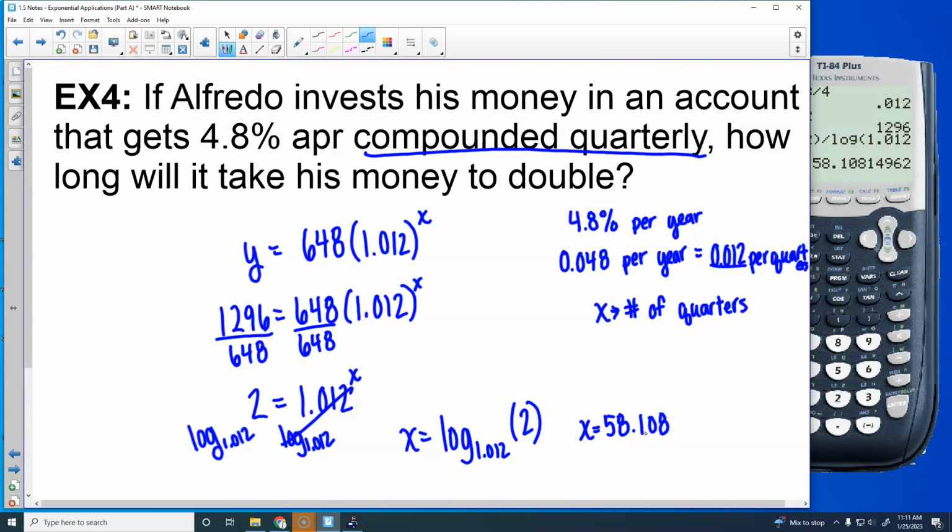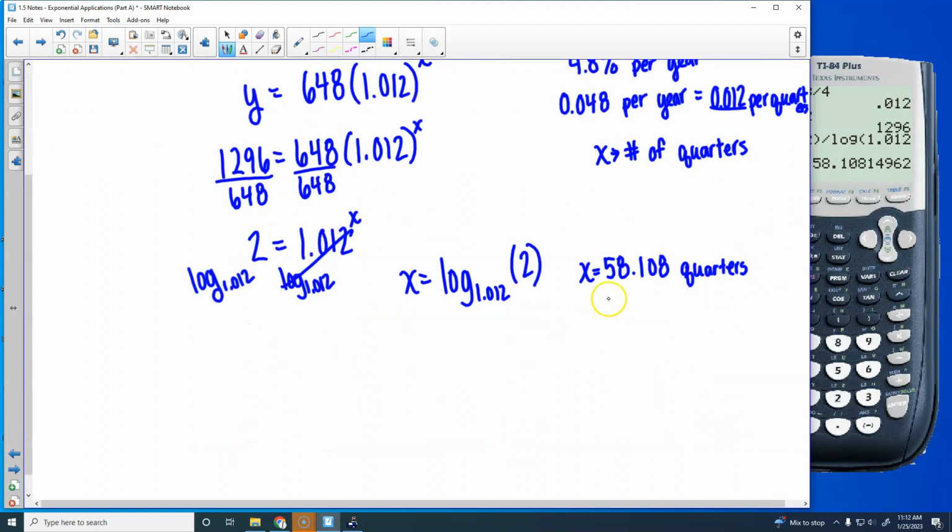Okay. What's that measured in? 58.108 what? Quarters. Okay. So if I ask you how old you are, and you tell me that you are 58.108 quarters of a year old, I will think that you are crazy, right? Because who would tell their age in quarters of a year, right? So I probably don't want this to be my answer because quarters of a year doesn't really help me a lot on what I want.